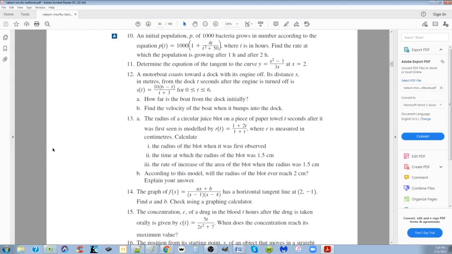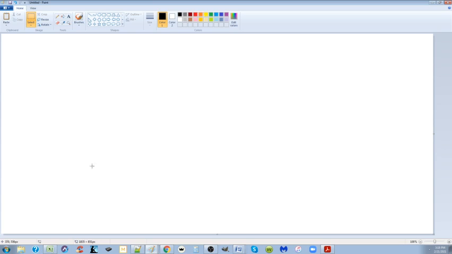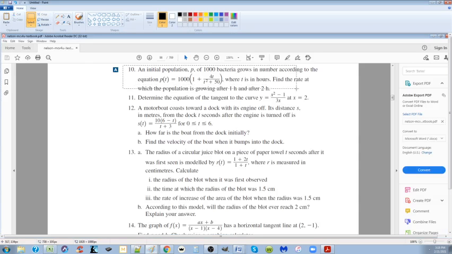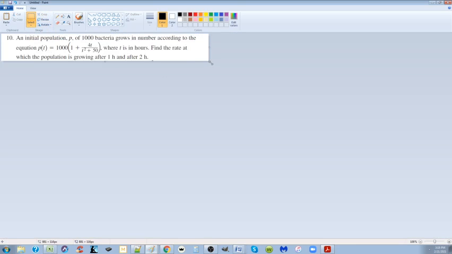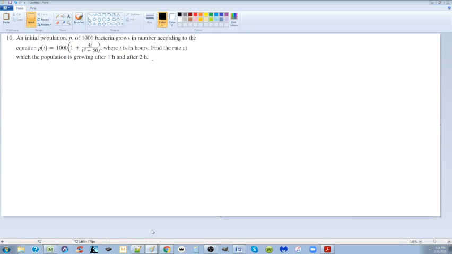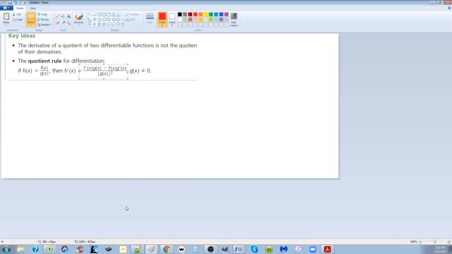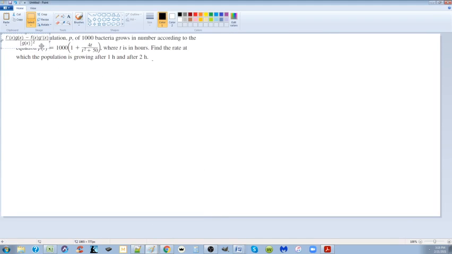Okay. An initial population of 1,000 particles grows. And they want to know the rate of change after 1 hour and after 2. And again, I didn't keep a nice clean copy of my quotient. There it is.